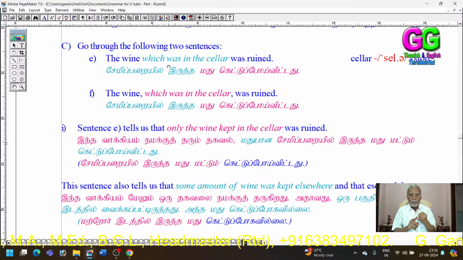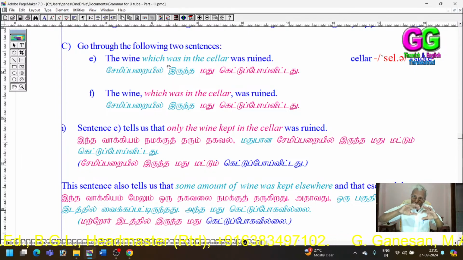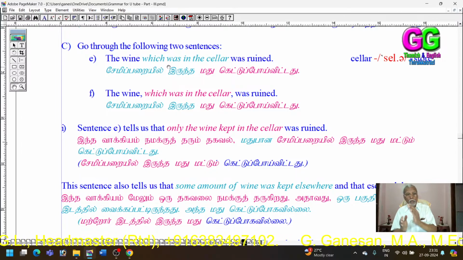One meaning is that only the wine which was kept in the cellar got ruined. Second meaning, some amount of wine was kept elsewhere.